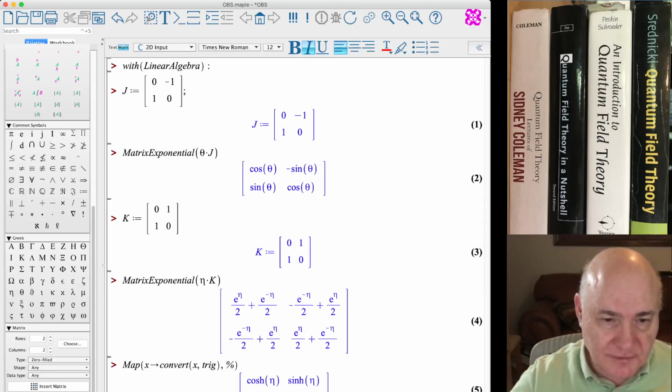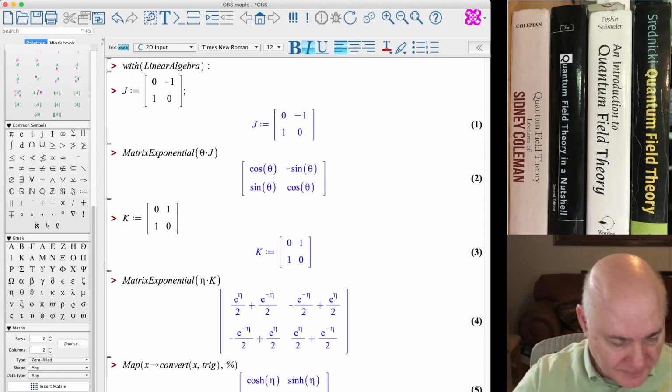This is a Lorentz transformation. Remember that these hyperbolic cosines and sines are related by the velocity being equal to the hyperbolic tangent of the rapidity parameter. So this is good.